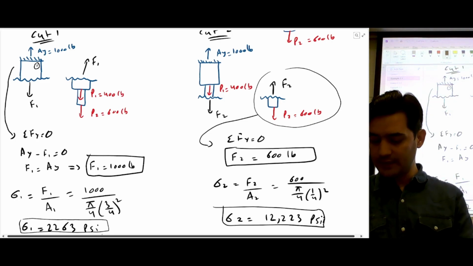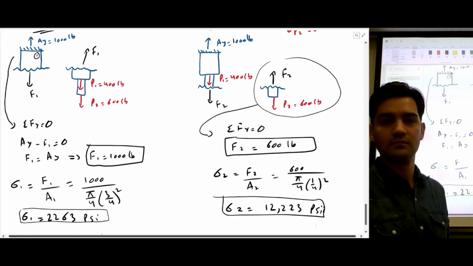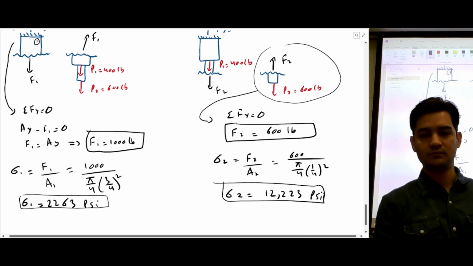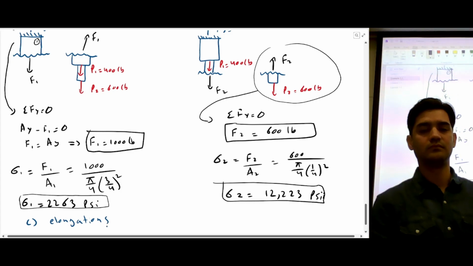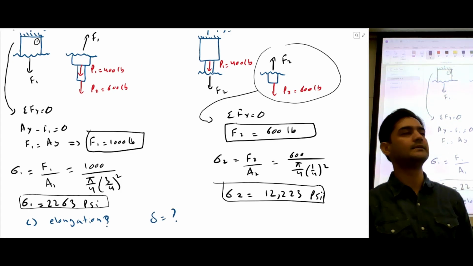Now the third part is we have to calculate elongations at the end of cylinder 1 and cylinder 2. Elongations. And what is elongation? Delta is an elongation.